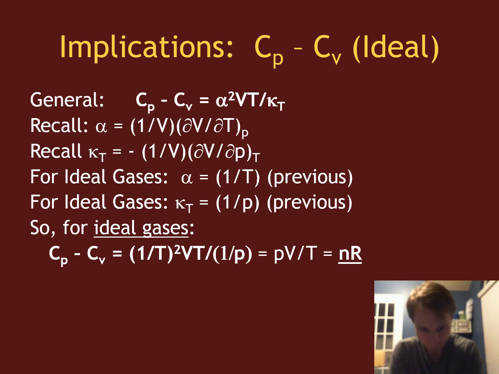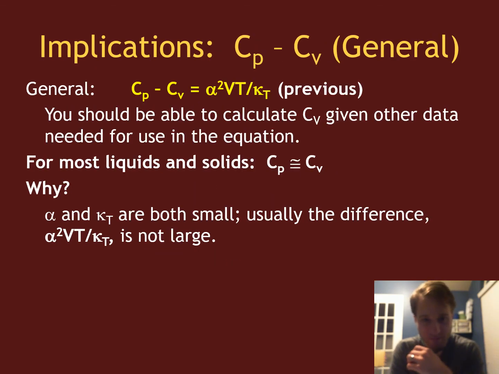So that relationship we've used so far we get from this expression for an ideal gas. In general, to calculate CV from CP or CP from CV for gases, you need to calculate those expansion coefficients and isothermal compressibilities to get that difference.